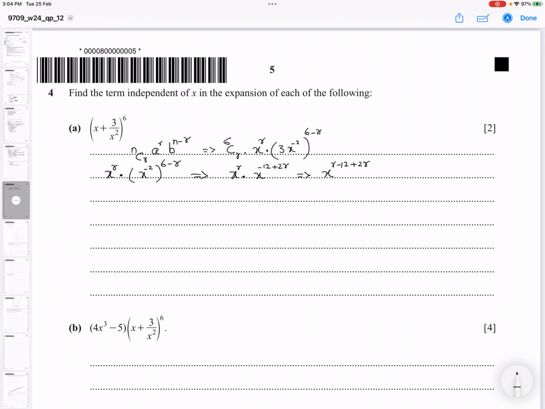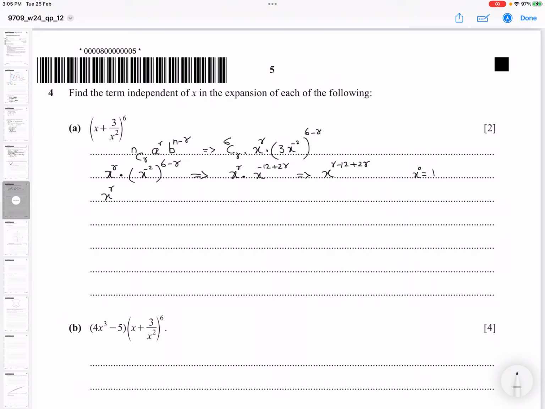Now equate this with x power 0, because we have to find term independent of x, and only x power 0 gives you independent of x, means without x, and anything else power 0, the answer is 1. So let me show you here, x power 0, the answer is 1. So I'm going to equate this with x power 0.